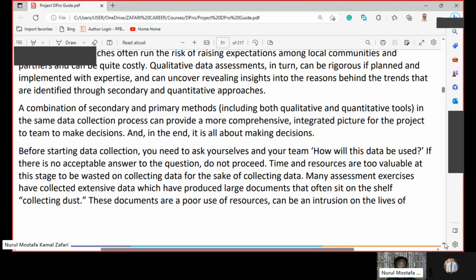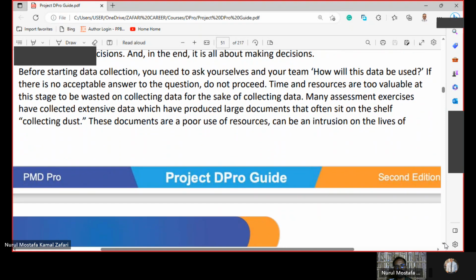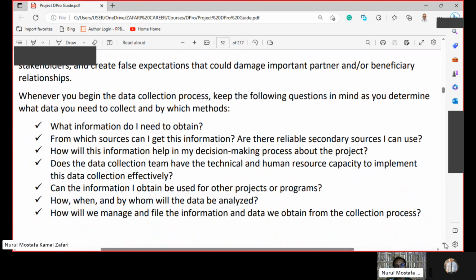Many assessment exercises have collected extensive data which have produced large documents that often sit on the shelf collecting dust. These documents are a poor use of resources, can be an intrusion on the lives of stakeholders, and create false expectations that could damage important partner or beneficiary relationships.